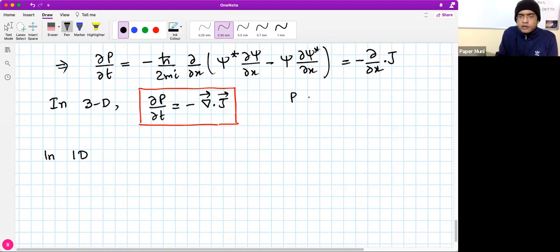Here p is the probability density, and j is the probability current density.